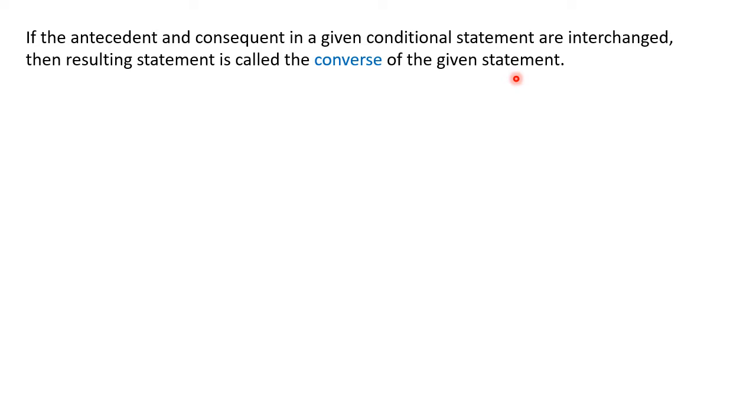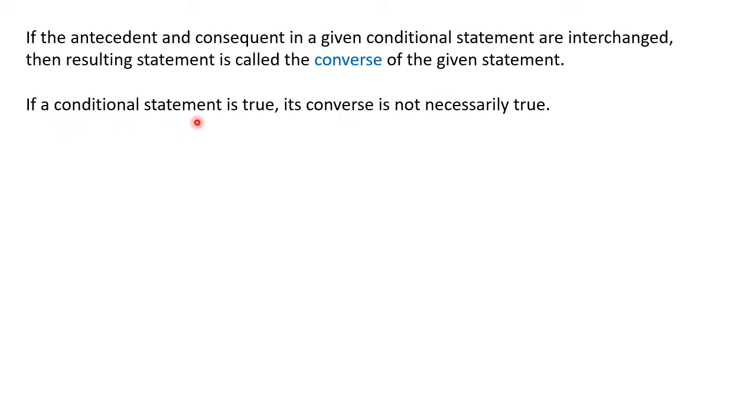Converse means ulta of the given statement. If the conditional statement is true, its converse is not necessarily true. So I'll give you one conditional statement here and then we will write its converse and let us see whether its converse is also true.